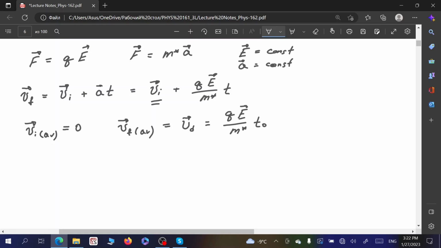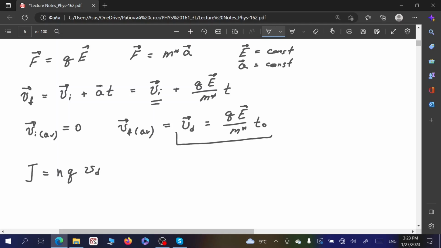So now we have the expression for drift velocity. So far we just introduced it, but now we have a quantitative expression for this. We can come back to the expression for current density, J, and that is the concentration of charge carriers times the charge of each of these particles, and we also have Vd, which is the magnitude of drift velocity.